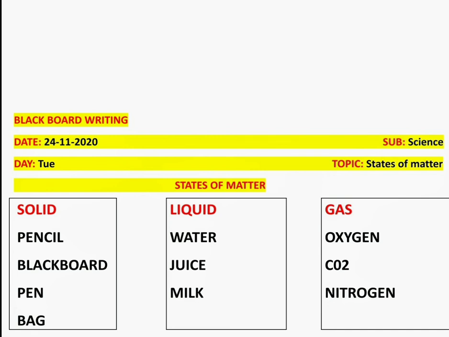A teacher could write definitions or draw something on the blackboard, draw some kind of diagram, picture or table to explain the concept, to explain the idea properly to the class. So blackboard writing is important.